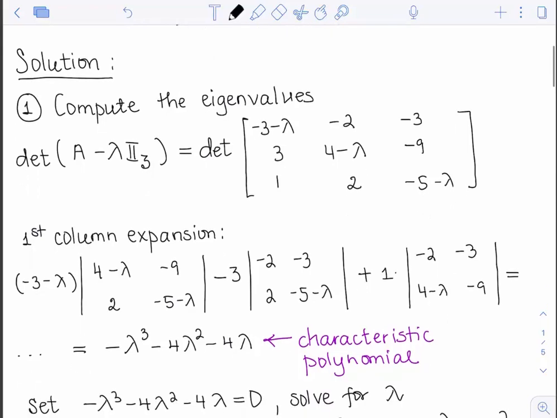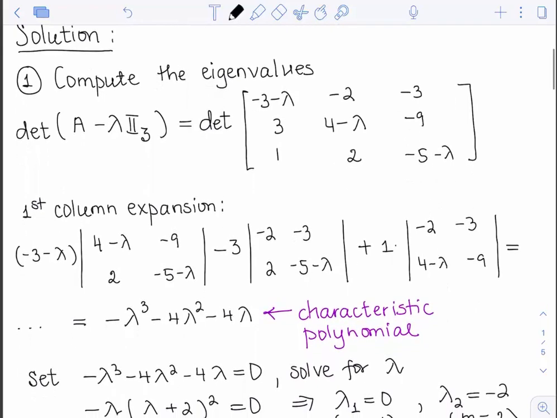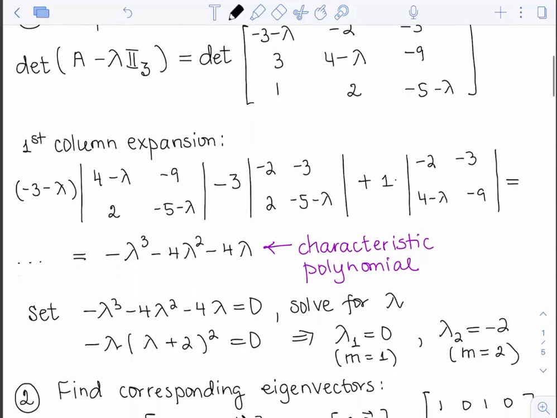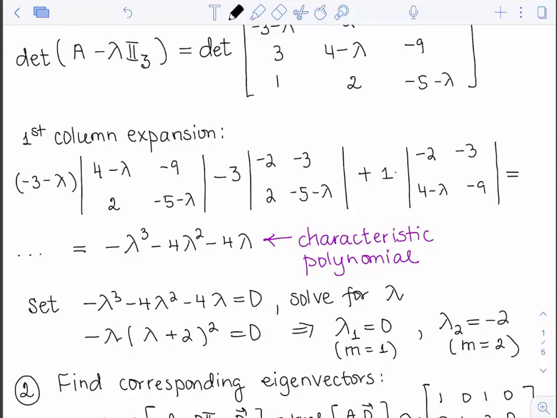And we come up with this nice cubic polynomial, negative lambda cubed minus 4 lambda squared minus 4 lambda. It factors nicely. We get two eigenvalues. One is 0 with multiplicity 1, and the second eigenvalue is negative 2, and that one has multiplicity 2, because the factor lambda plus 2 appears twice in the characteristic polynomial.